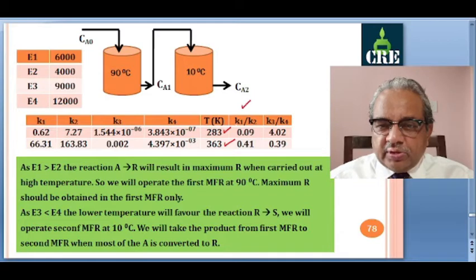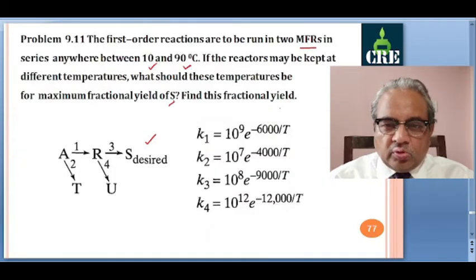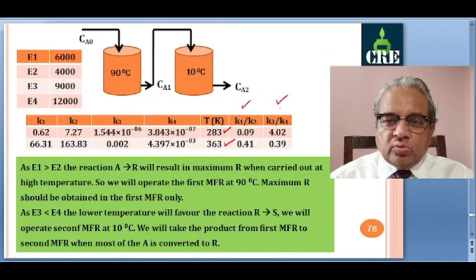Also at these temperatures, we have calculated the ratios K1 by K2 and K3 by K4. K1 by K2, we want R, so that is to be maximized. K3 by K4, we want more S, so that is also to be maximized, so maximum possible.